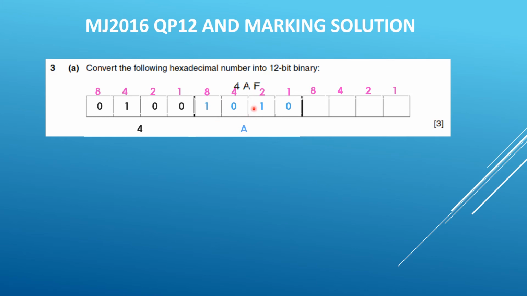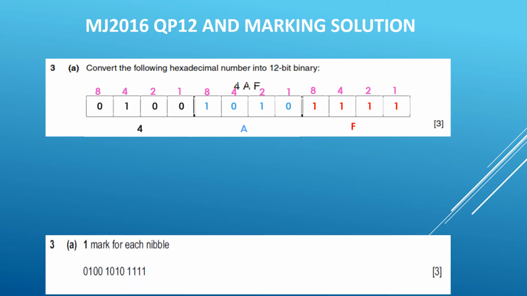This is how we are going to get the value A. Next, to get the value F, we know that hexadecimal F is equivalent to 15. So to get 15, we need to turn on all the binary notation. So 8 plus 4 plus 2 plus 1 makes 15, which is equivalent to F. This is how this question will be solved.